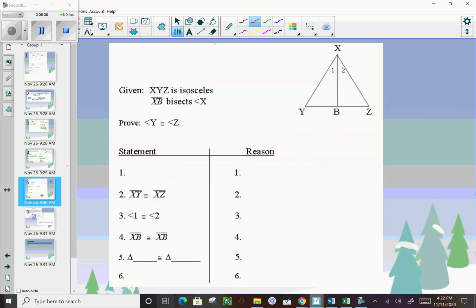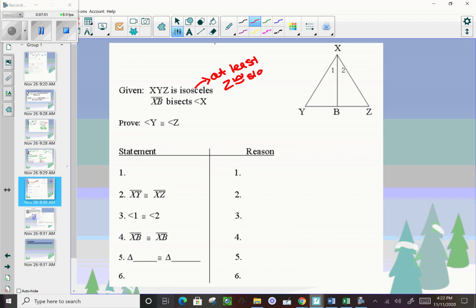All right, that next proof, we've got triangle XYZ is isosceles, and segment XB bisects angle X. So I'm seeing two words there. Remember, whenever you're given a given and there's words in it, you want to think about what it means. So an isosceles triangle is going to tell me at least two sides congruent.